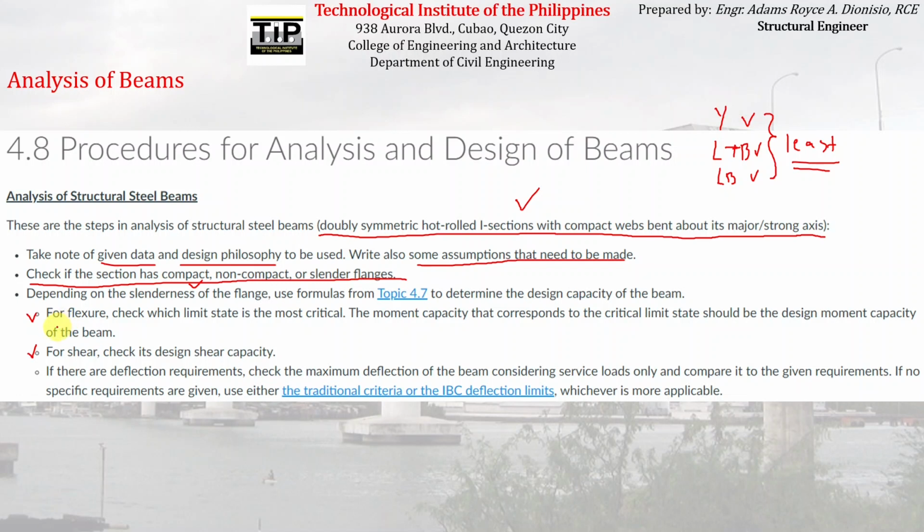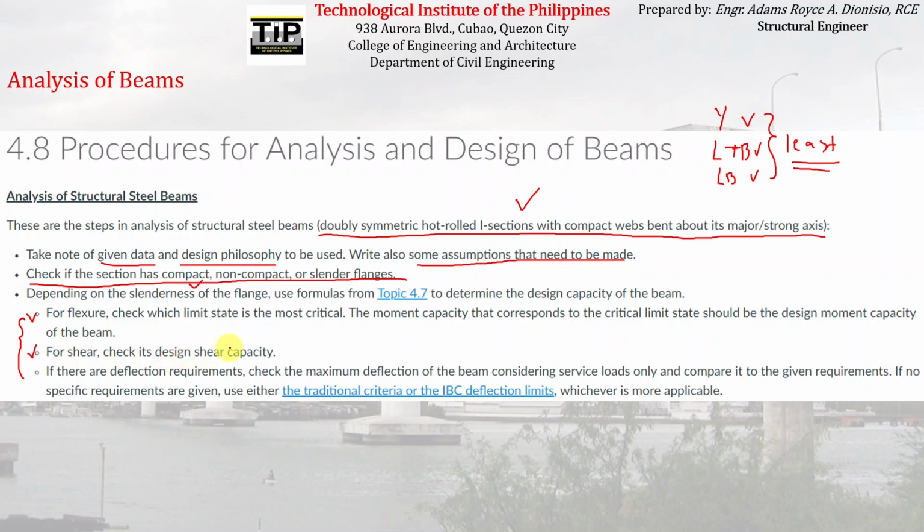So you can expect the governing check here will always be flexure. Although, of course, you have to check on a case-to-case basis because you might experience some problem that actually governs for shear or deflection. So you have to check for shear.